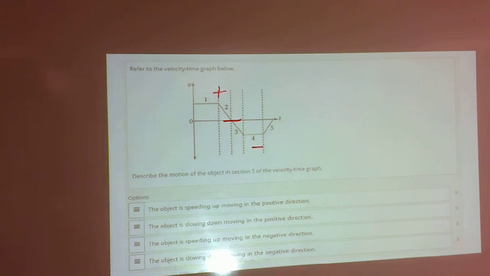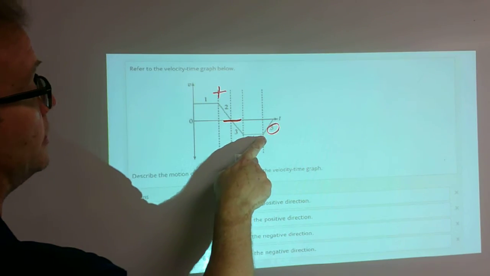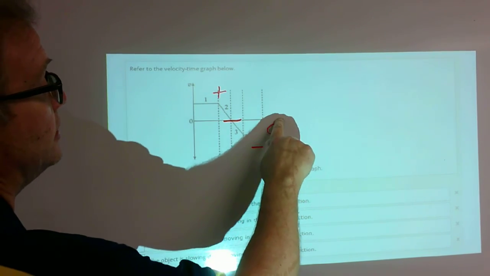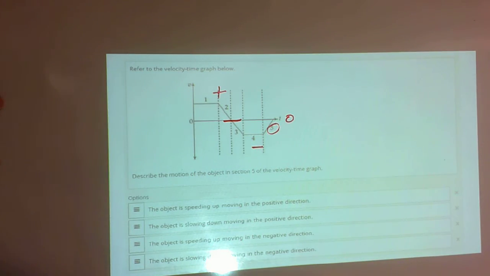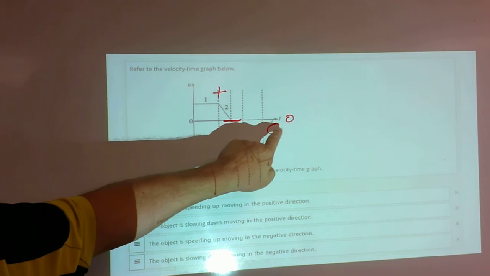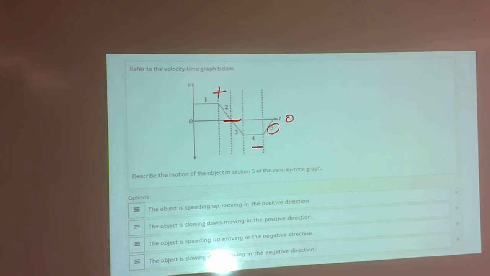So what determines the motion here? Well, I'm already in a negative direction. The only thing you have to look at is this one is actually slowing down to 0. If you are at 0 and you're moving from here to here, it has to be slowing down.